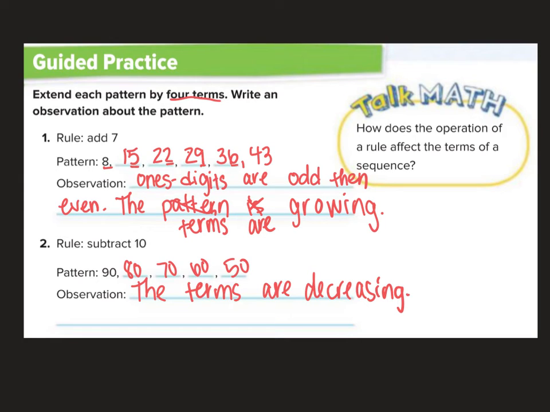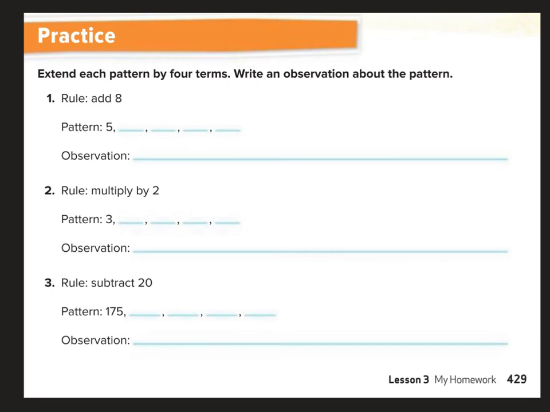Also, the ones digits are all zeros. We could also talk about how the tens digits are all decreasing by 1, but I think this is good.